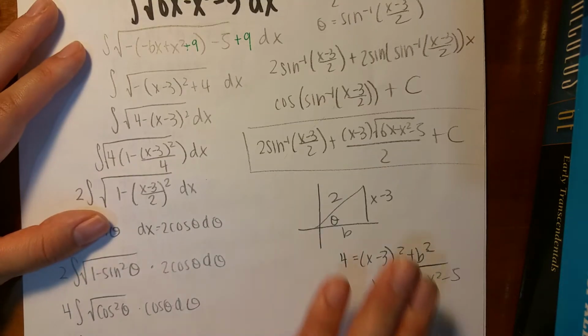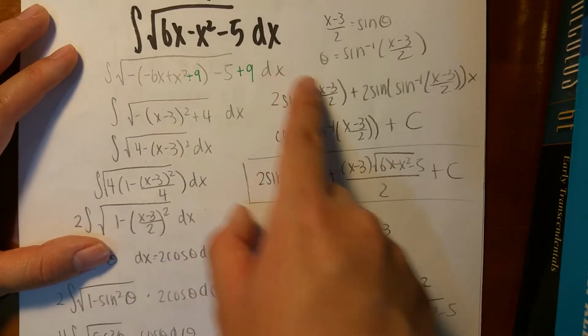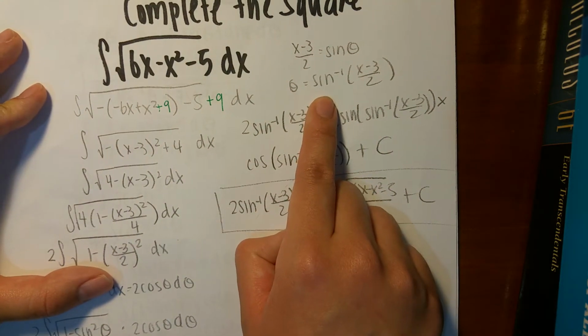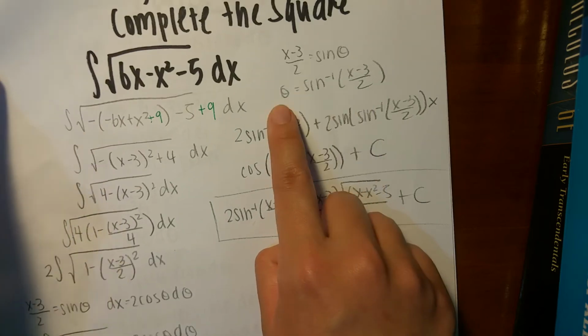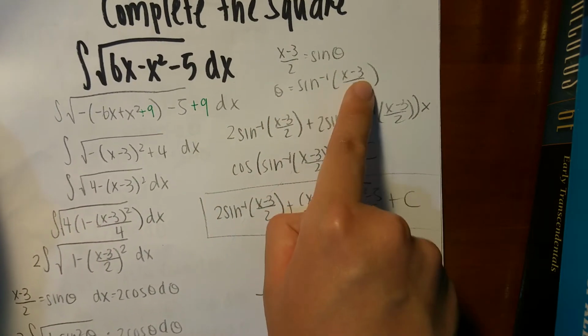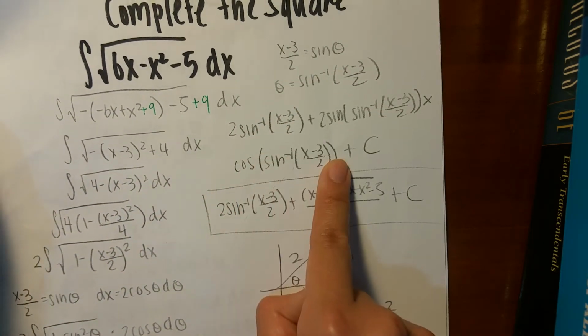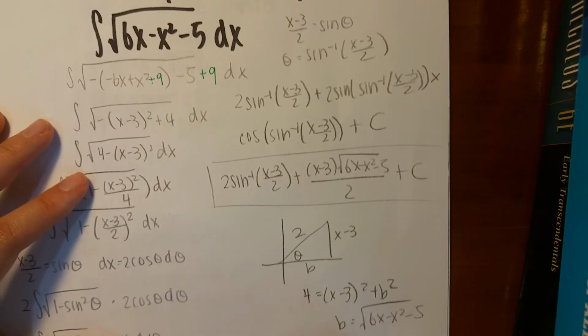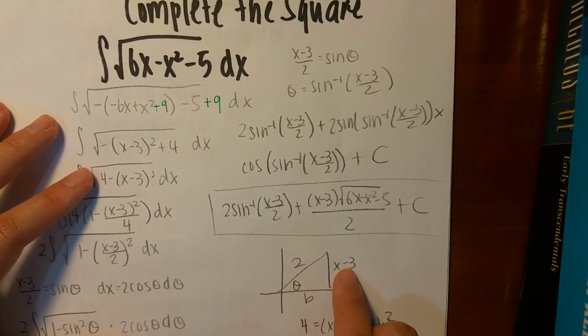Now, just like the last problem, we need to isolate theta from our original substitution. We get theta equals arc sine of x minus 3 over 2. And then we substitute our theta values for this value right here. We get this giant thing, and now we can simplify even further using a triangle. We know that the opposite value will be x minus 3 and the hypotenuse will be 2.